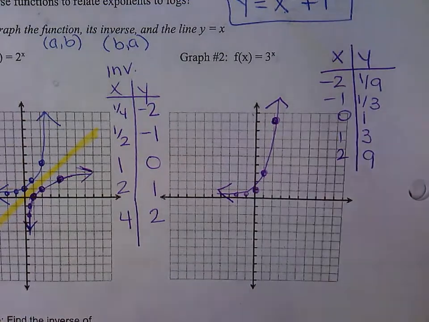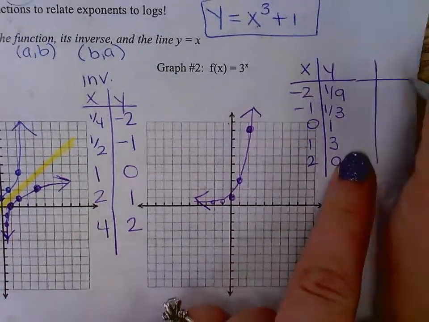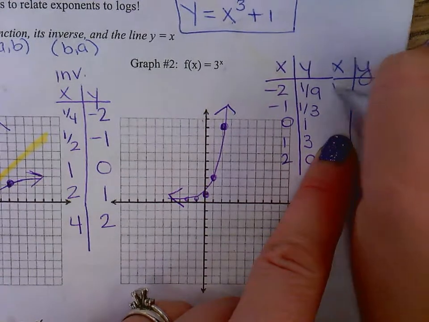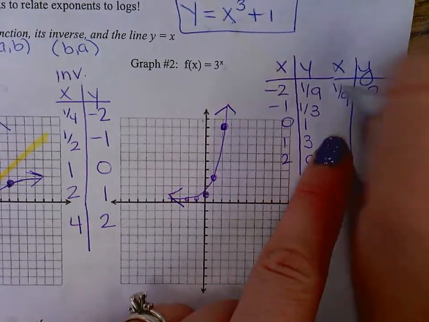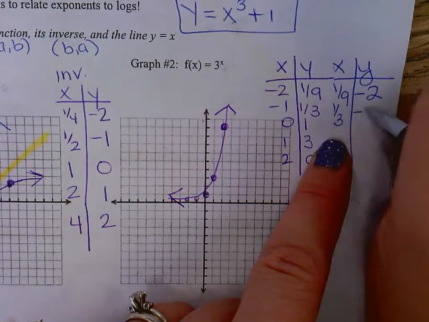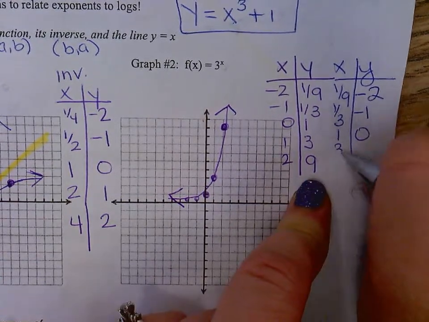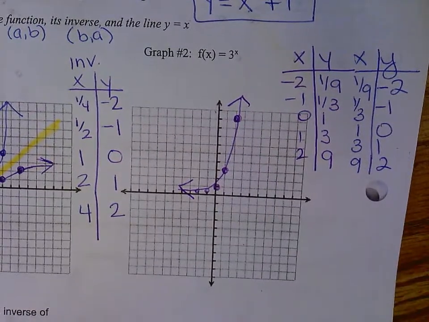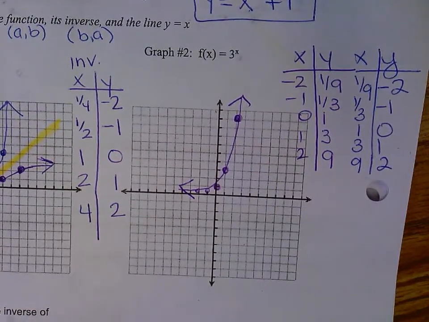So I'm going to graph the flip-flop of that. Maybe you can graph it in your head without flipping things, but I see it better if I see the coordinates. Like this is 1/3, -1, 1, 0, 3, 1, 9, 2. So if I need to see the points flip-flop to graph them correctly, you might need to see the points this way to graph them correctly.